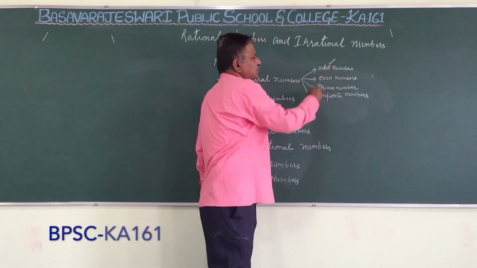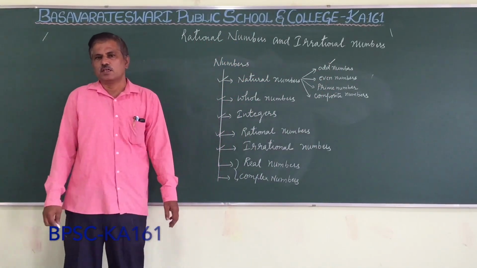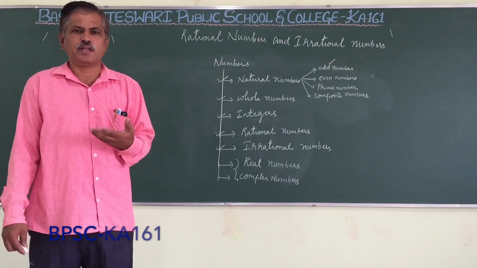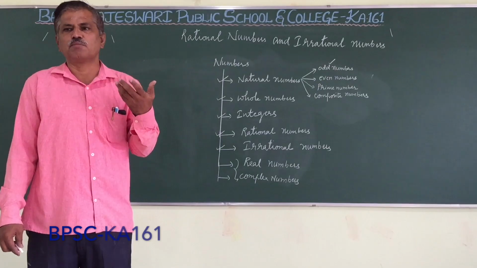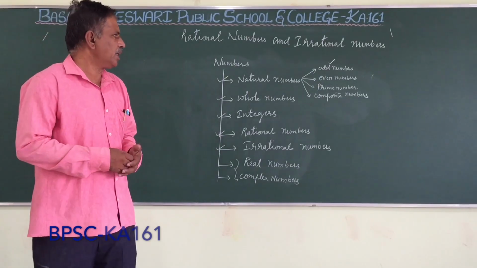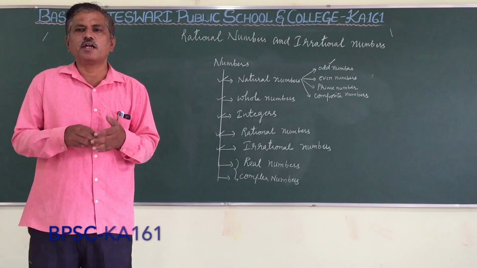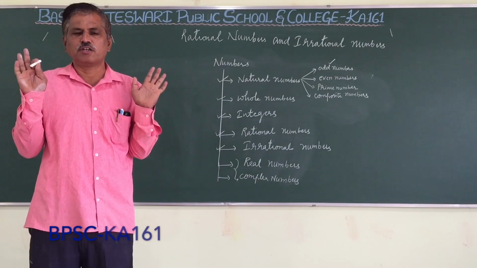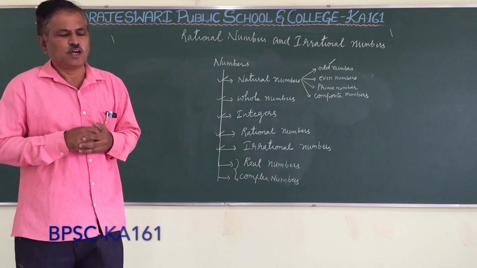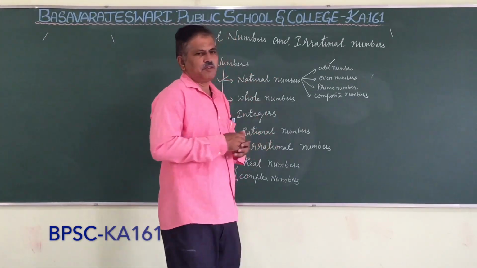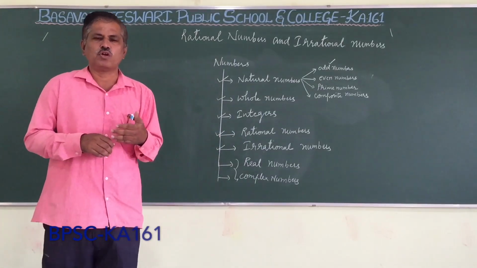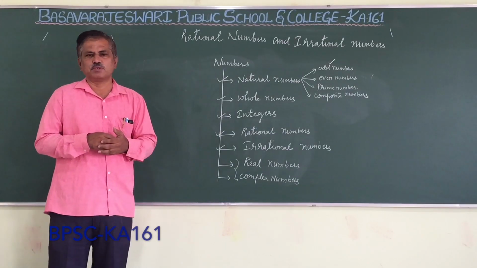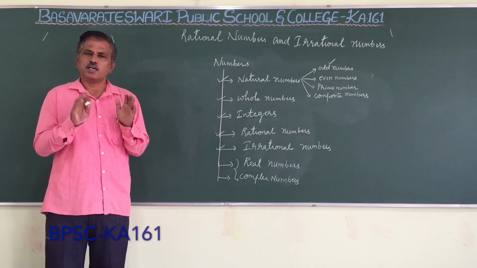See, odd numbers are 1, 3, 5, 7, 9, and so on. Very clearly, odd numbers are not divisible by 2, or not a multiple of 2. Even numbers are 2, 4, 6, 8, 10, etc. That means even numbers are divisible by 2.